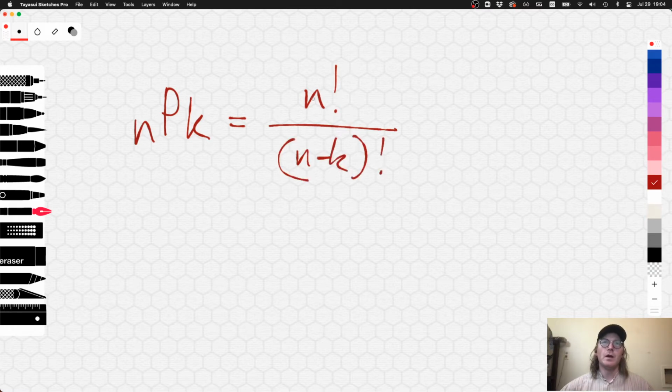Okay. Essentially, this n minus k right here represents the items that we will not be arranging, right? So we're reducing them out of the space. We're dividing them out. Okay.